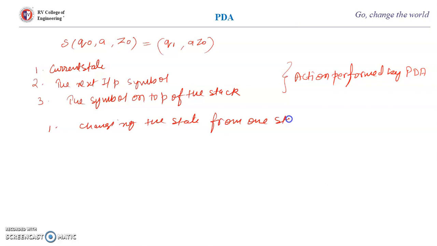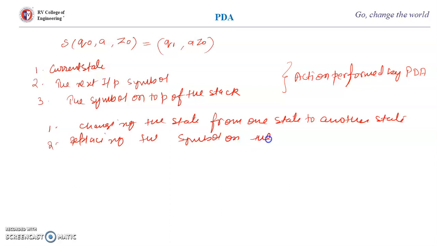And then, for the stack content, replacing the symbol on the stack. So the action performed by the machine consists of these two things.